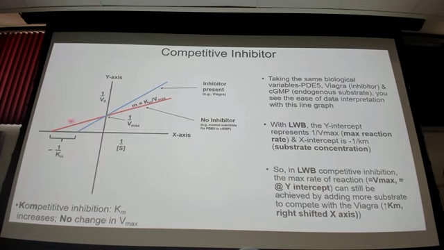The red line represents no inhibitor. The blue line represents inhibitor. So what does it mean that the y-intercept is the same for both of these? Same Vmax. Does that make sense?